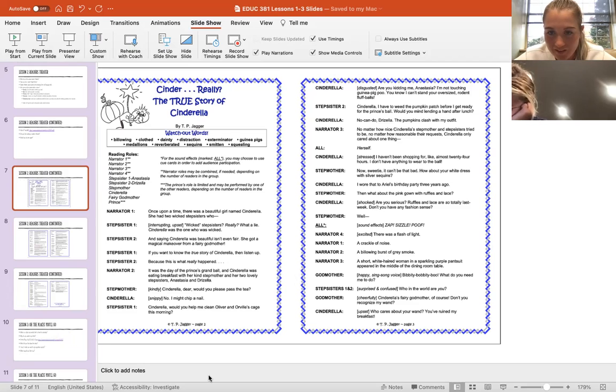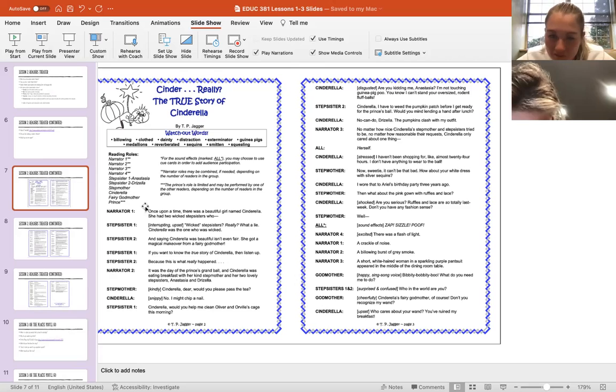Well, zap, zizzle, poof. You want to be narrator 4? There was a flash of light. A crackle of noise. A billowing burst of gray smoke. A short white-haired woman in a sparkly purple pantsuit appeared in the middle of the dining room table.